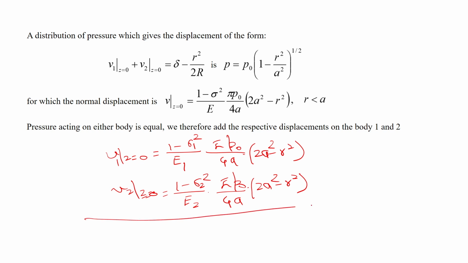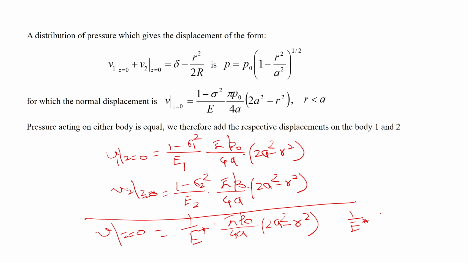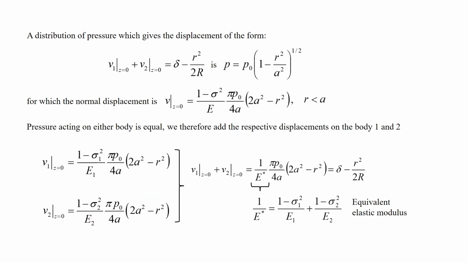So, if you add up, we have V at z equal to 0 as 1 by E star into pi p 0 by 4 a into (2 a square minus r square), where 1 by E star equals (1 minus sigma 1 square) by E 1 plus (1 minus sigma 2 square) by E 2. It is called the equivalent elastic modulus.